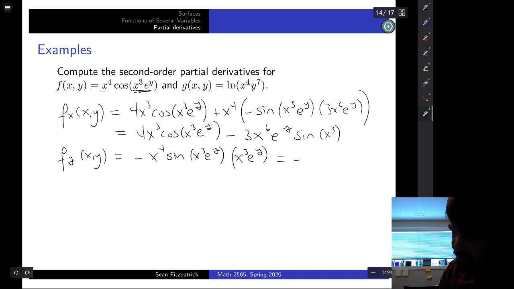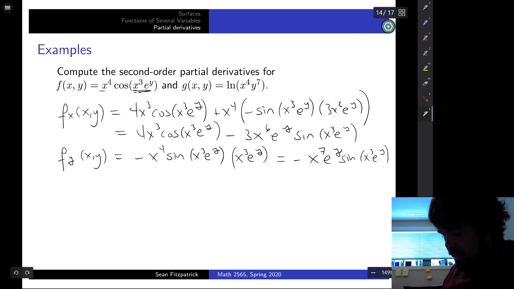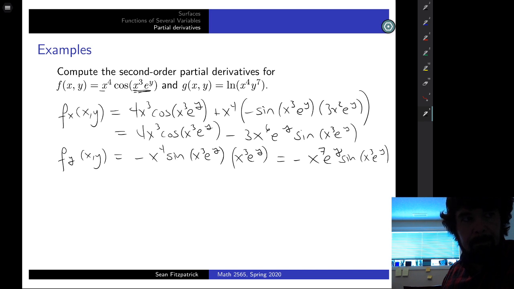So we get minus x to the 7 e to the y sine of, oh, I lost it. Sorry, there's still an e to the y up there. And then sine of x cubed e to the y. Okay, so there's the first order derivatives. Oh, Hannah's telling me I forgot the e to the y, but I remembered it.